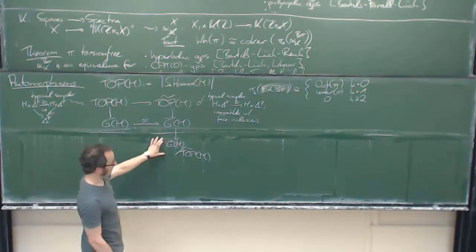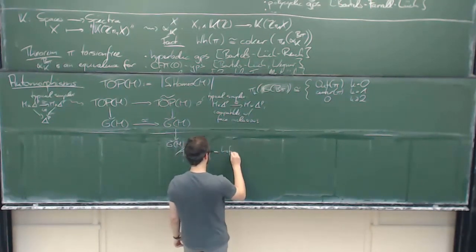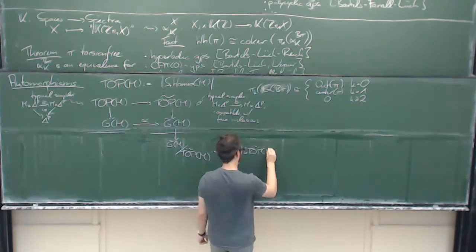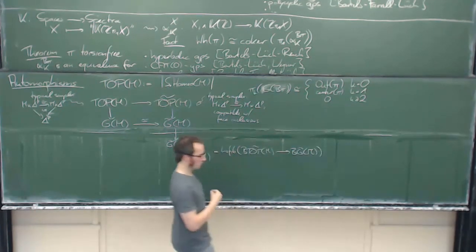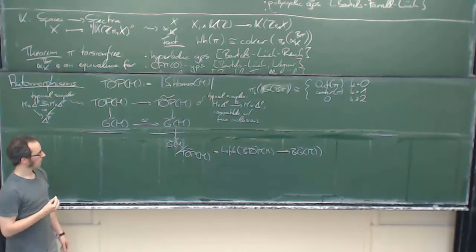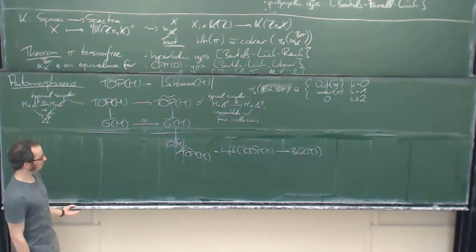To pi 0 of this homotopy fiber. So this I define as the homotopy fiber of B top twiddle M to BG twiddle M. And I think that this is also the usual convention how people define this space.